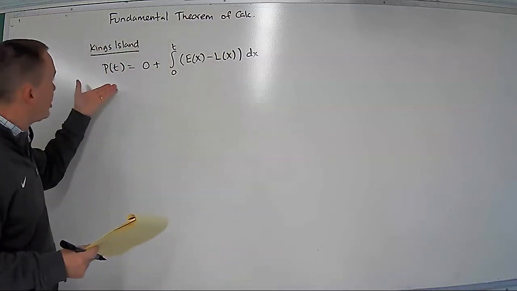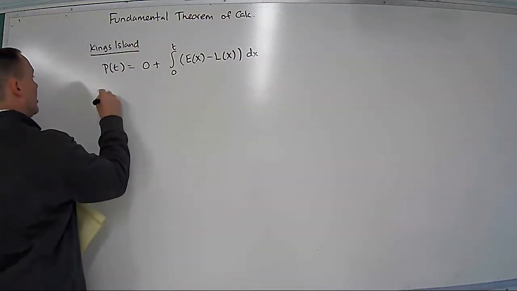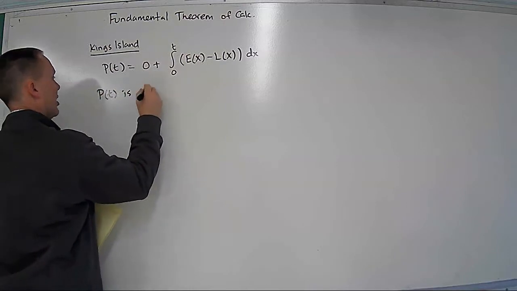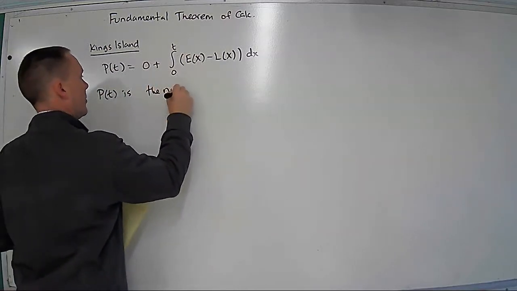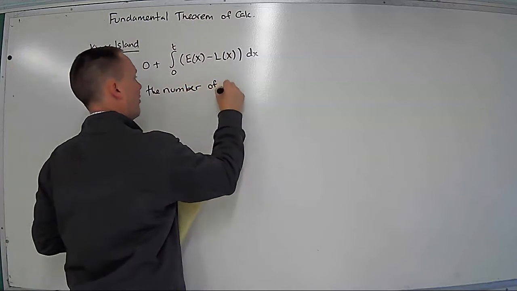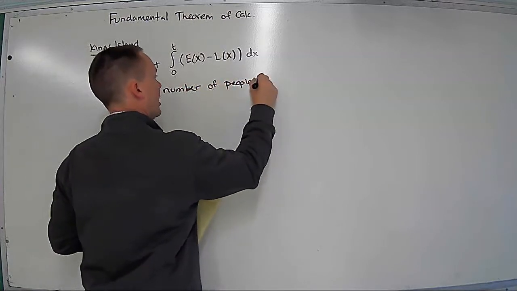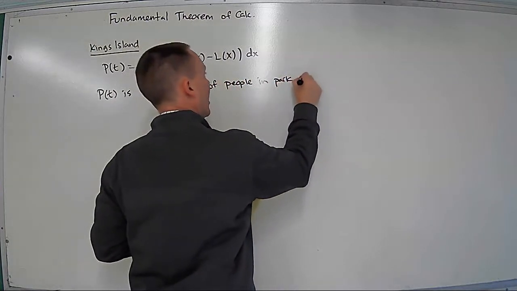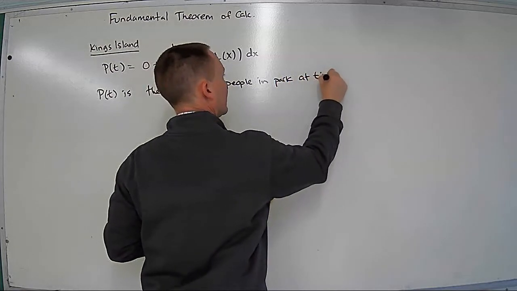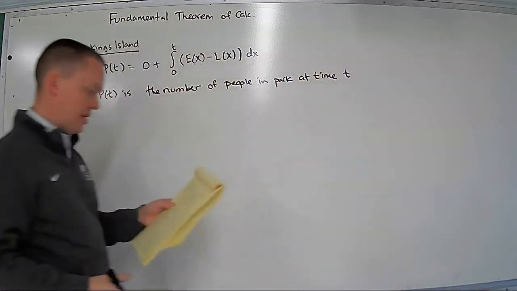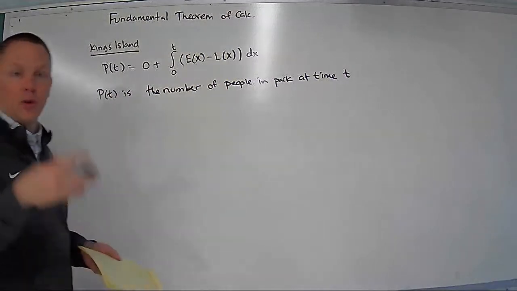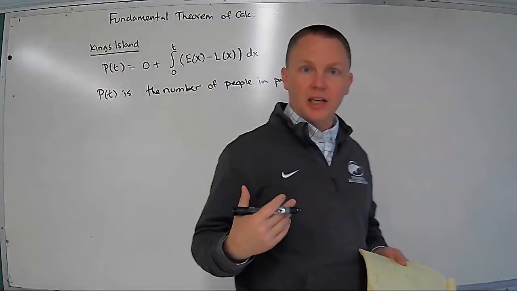So this function represents the number of people in the park at time t, or for any time t. And of course, I'm going to ask you the same question I've asked you on the last two.